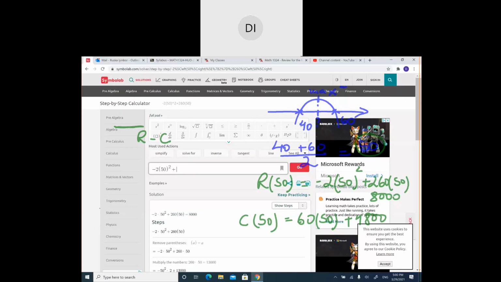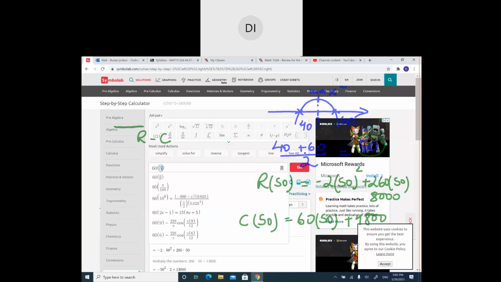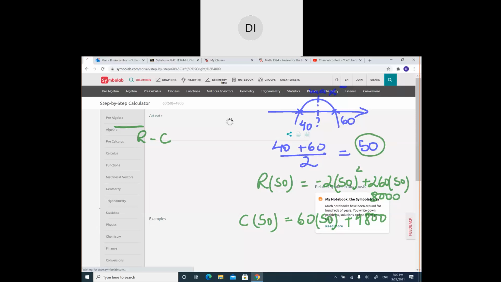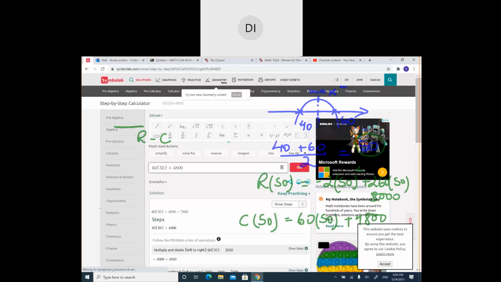So it's going to be 60 times 50 plus 4,800. That's $7,800.